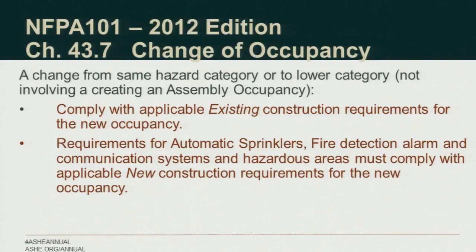Requirements for automatic sprinklers, fire detection alarm, and communication systems in hazardous areas must comply with applicable new construction requirements in the new occupancy chapter you're going to. So if I'm going from, say, business to assembly, business didn't require sprinklers, assembly does because of my occupant load, I'm going to have to comply with new requirements for the sprinkler systems, but the rest of the occupancy would have to meet existing.